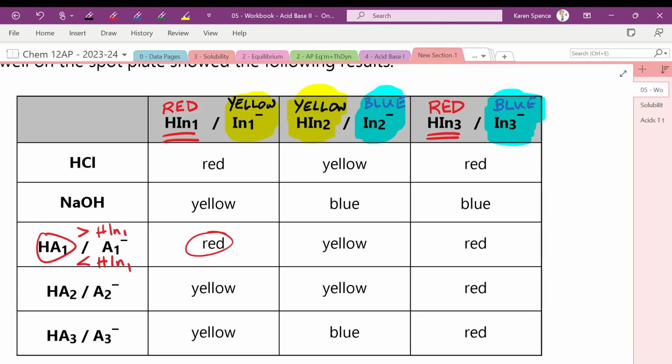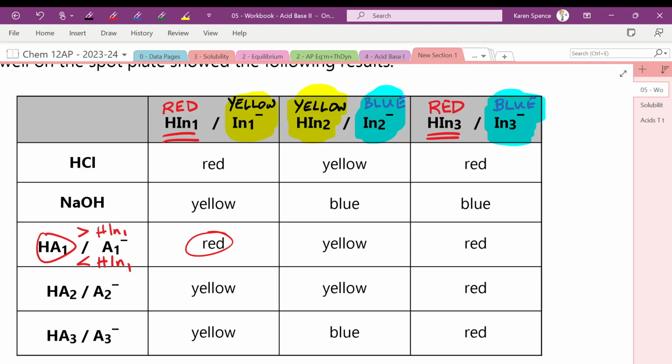They make together one form in one color. So it's an acid.